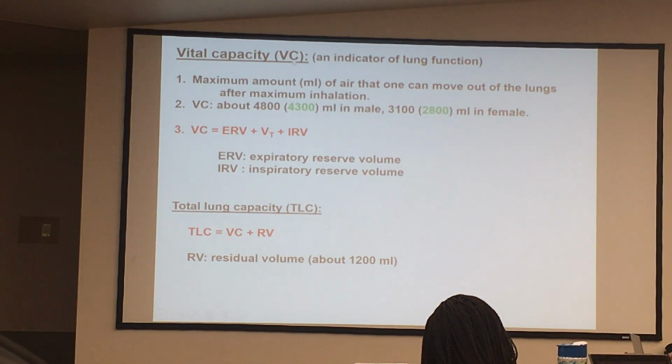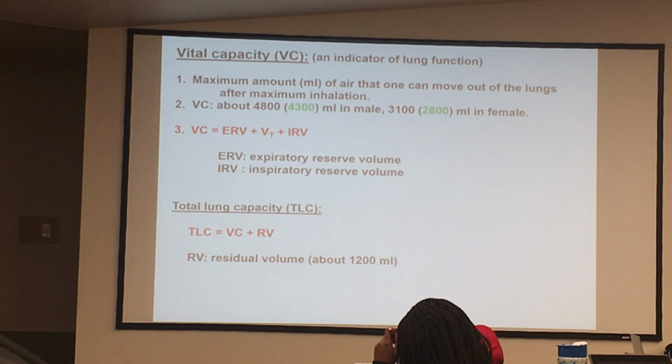Vital capacity is an indicator for lung function. It's maximum air in and then maximum air out, so it includes ERV, VT, and IRV. Roughly, our textbook says 4,800 ml for males. But I figure right now, you don't have that much, you probably only have 4,300 ml.